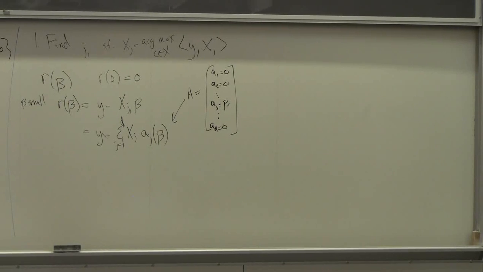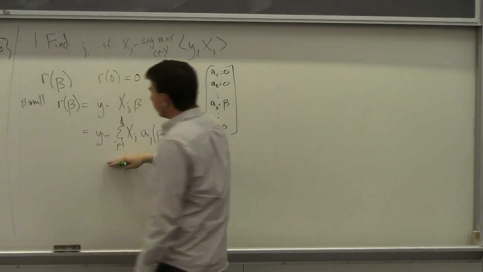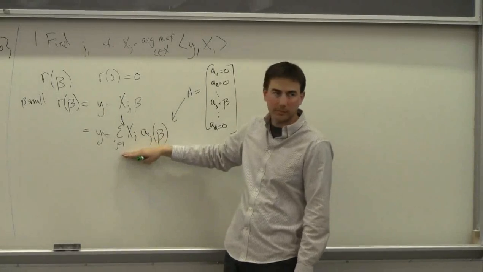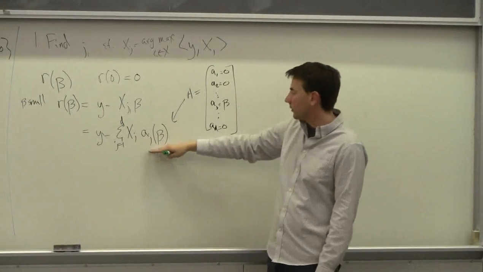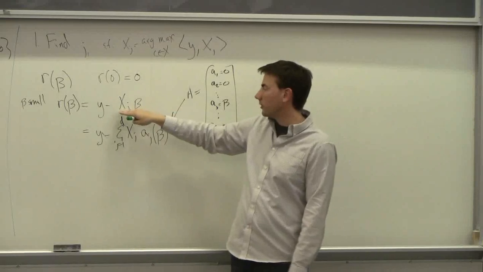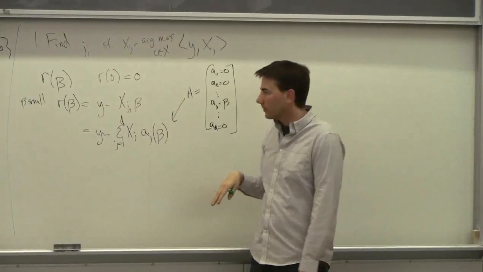So the nice thing is that at every point, this residual, as a function of beta, is going to be a linear equation. This is a linear equation of beta. Right? So this is just a linear expression, and this is y minus this. Right?